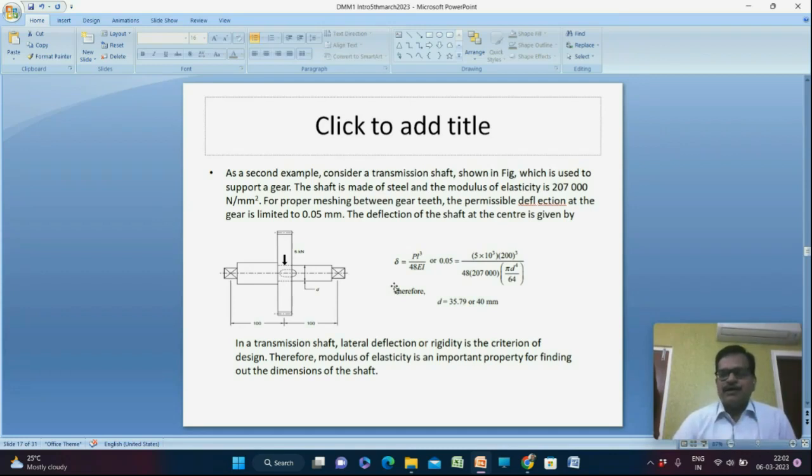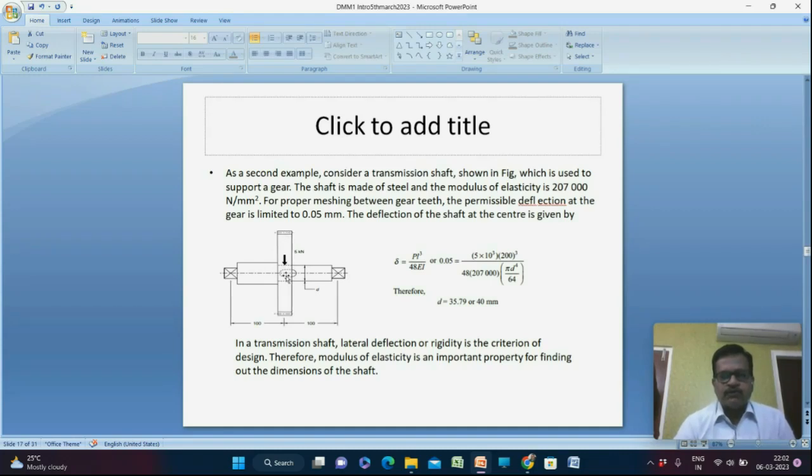Next, if you take another bar which is also subjected to a 5 kilonewton load, but it is acting as a different member. Here the circular bar is supported at both ends, and it is mounted with a gear wheel. So here the gear wheel has a combined force of its weight as well as the contact between the two gears together, known as 5 kilonewton.